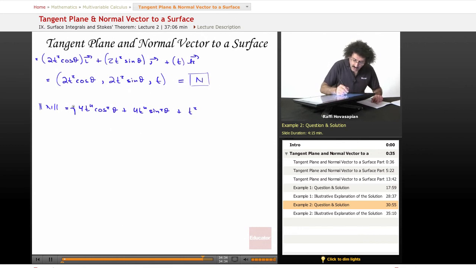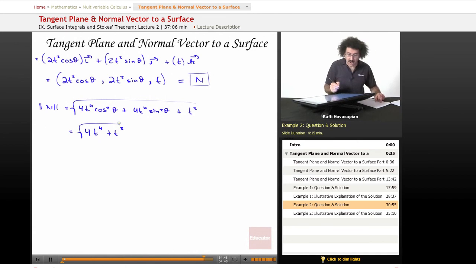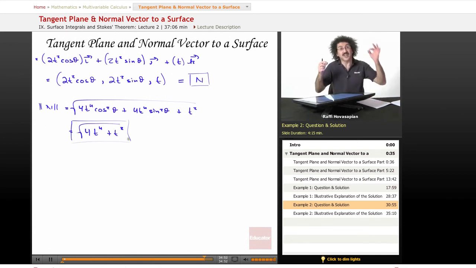I factor out the 4t to the 4th, and I end up with the square root of 4t to the 4th plus t squared. This gives me the norm, the length of that vector at a particular value of t.